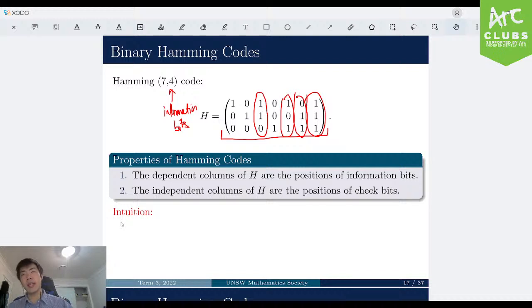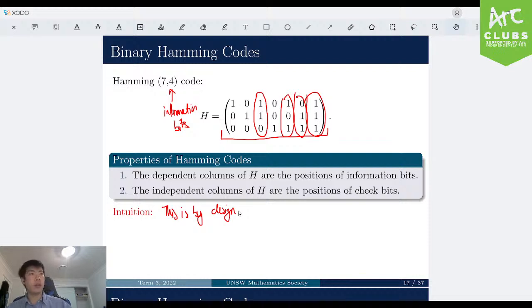Well, if you think about it, it's kind of this way by design. In a sense, we want to be able to convey whatever information we want. So firstly, this is by design. We want to be able to construct any message using our information bits that we want.